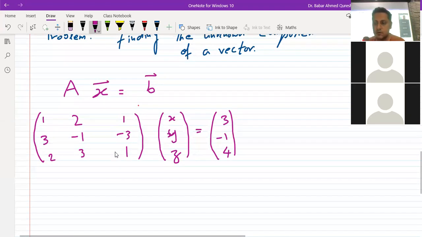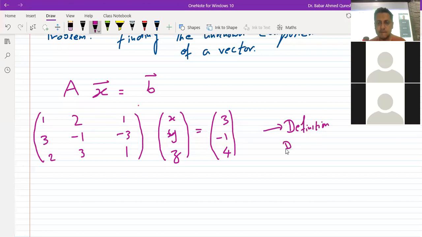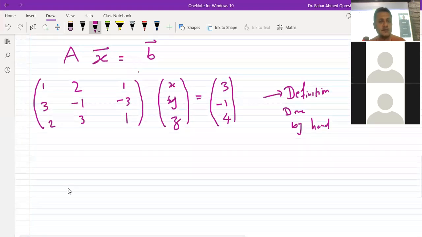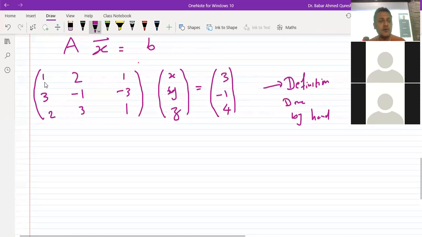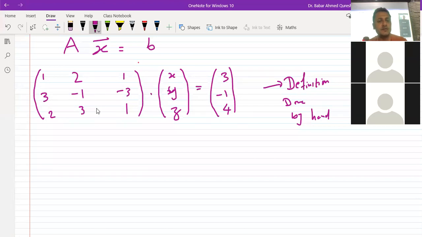But now I have split it open, I have just defined it. So this is just a definition, or done by hand. But this will make sense if I define somehow a product. This matrix A is acting on this column vector X. If it gives me back my required equations, then that will establish the rule.